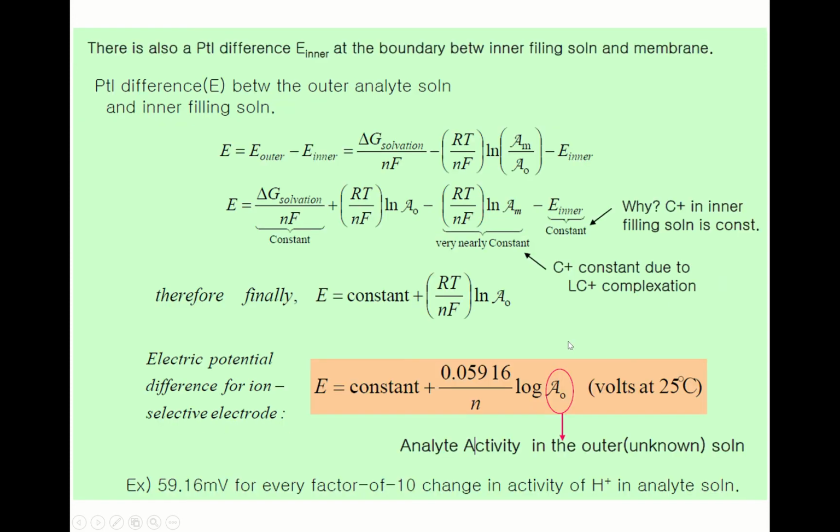Then we do the same for the inner filling solution. E is the potential difference between the internal reference electrode and the outer reference electrode.